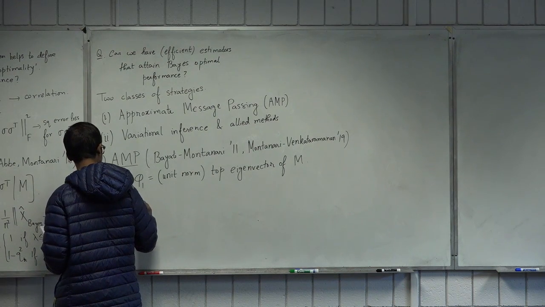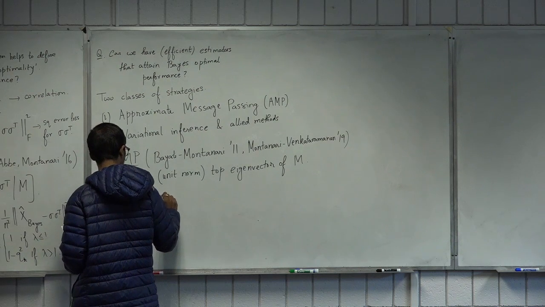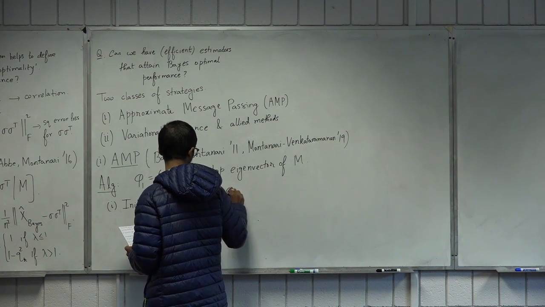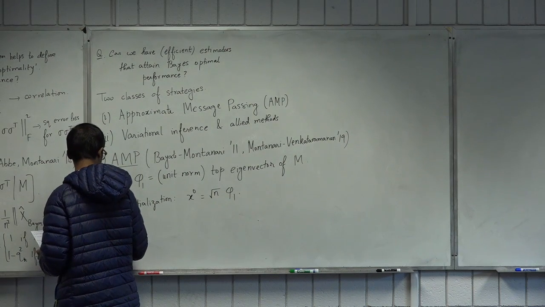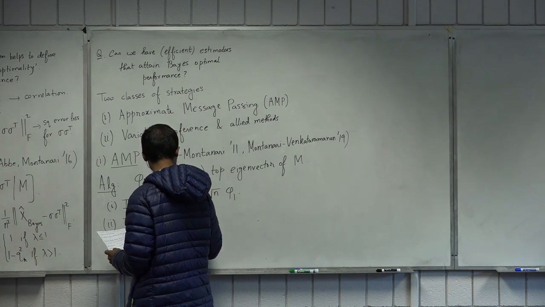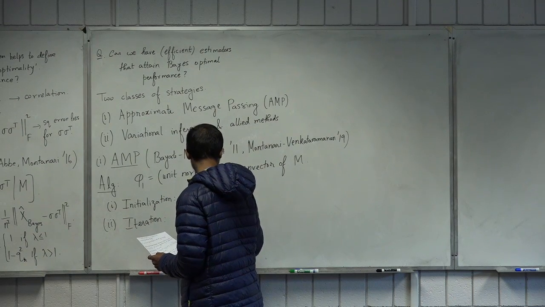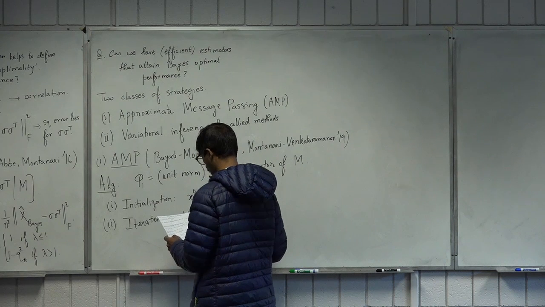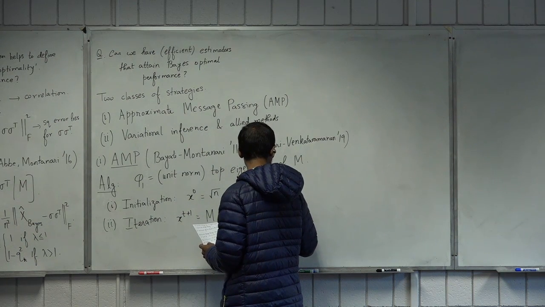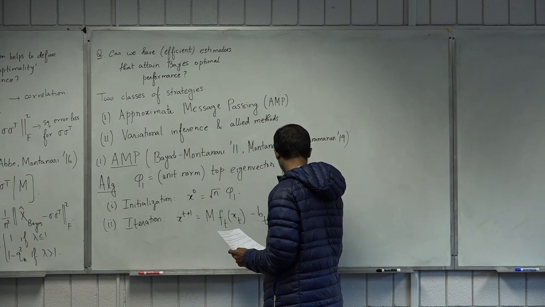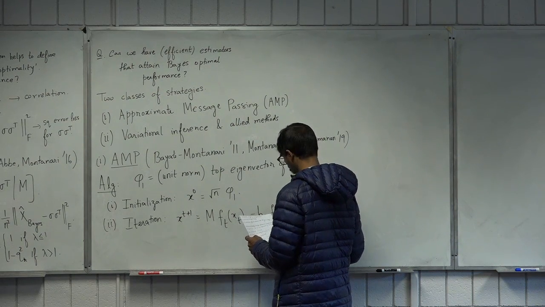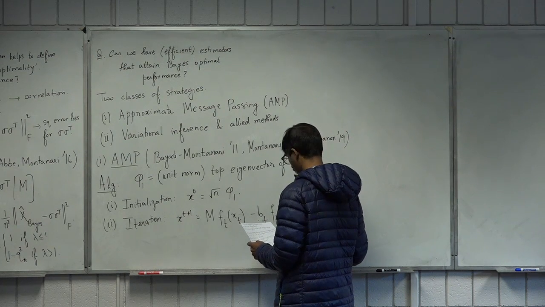The first is an initialization, where you set a vector x0 to be square root n phi1, and then an iteration step where xt plus 1 is the matrix M times ft of xt, minus bt times ft minus 1 of xt minus 1, where bt is 1 over n sum i from 1 to n of ft prime at xt i.